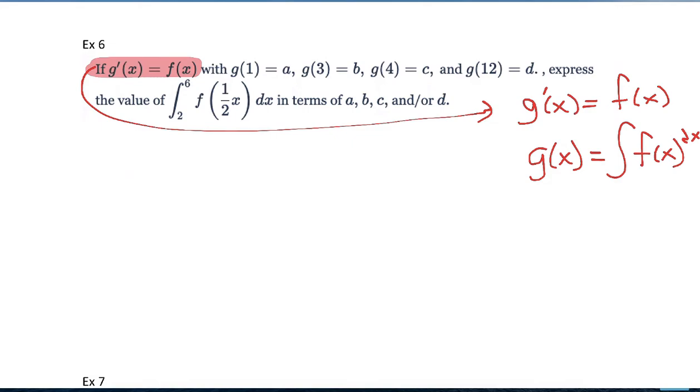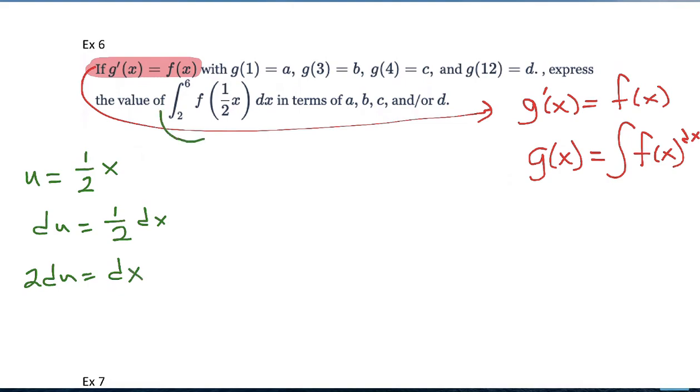Now, let's talk about this one that we have here. Again, we don't have a rule for this 1/2, so we're going to do a u substitution on that one. We got a lot of practice with u substitution today. u equals 1/2 x. That means du is equal to 1/2 dx. That means 2 du is equal to dx.